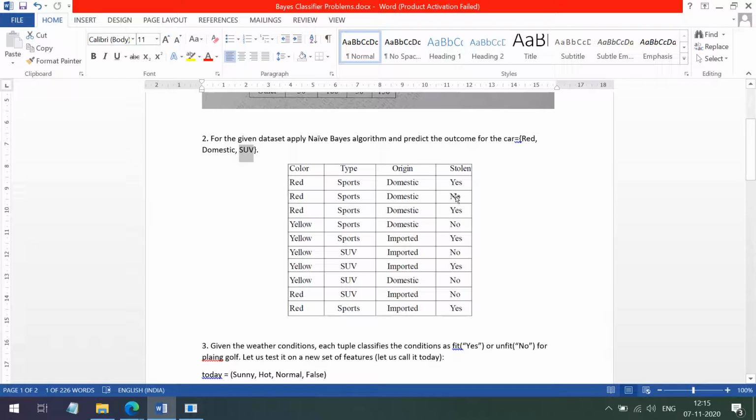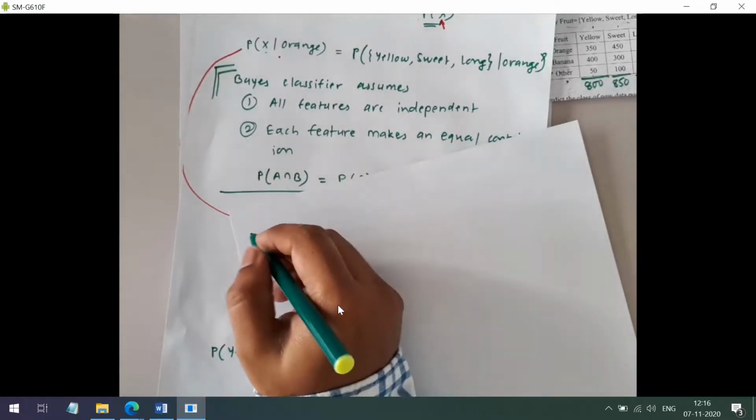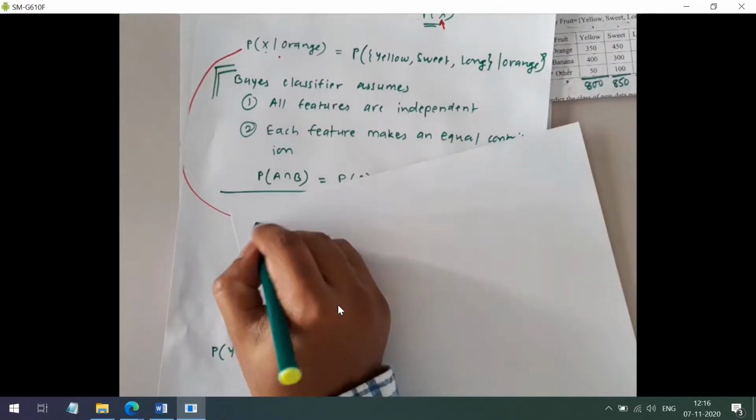So what we have to find here, I will share the photographs of these solutions with you, so don't worry. Okay, so problem 2.